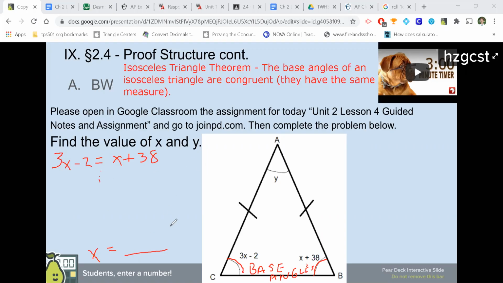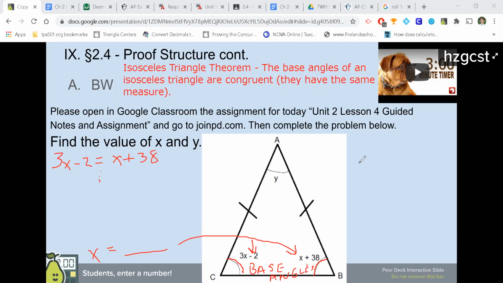Once you have x, you need to plug it back in to these equations to get what the actual angles are.